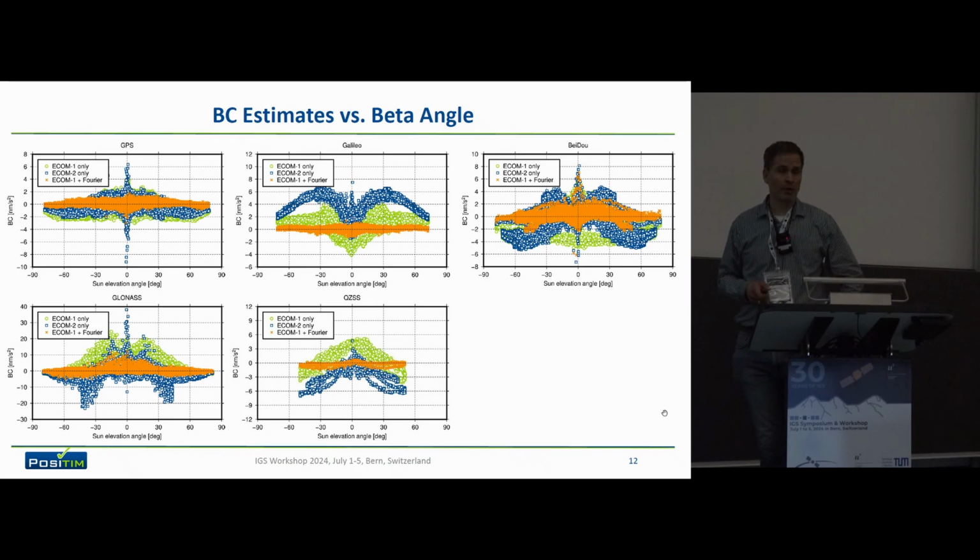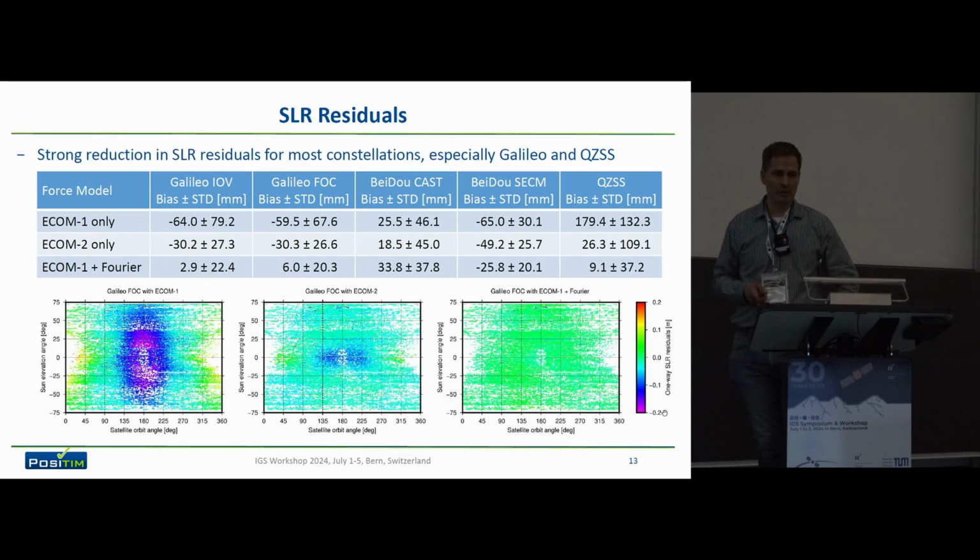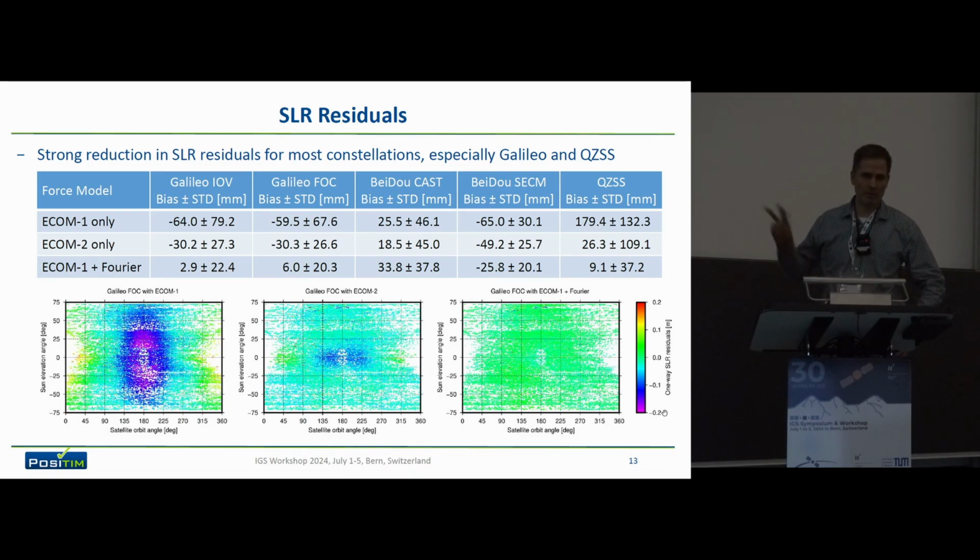There's also a strong reduction in SLR residuals if you have the model included, especially for Galileo and QZSS. I have here the mean bias of the SLR residuals, also the standard deviation, again per system, obviously without GLONASS, but for Galileo and for Baidu and for QZSS. And again, we have about a factor of 3 to 4 reduction.